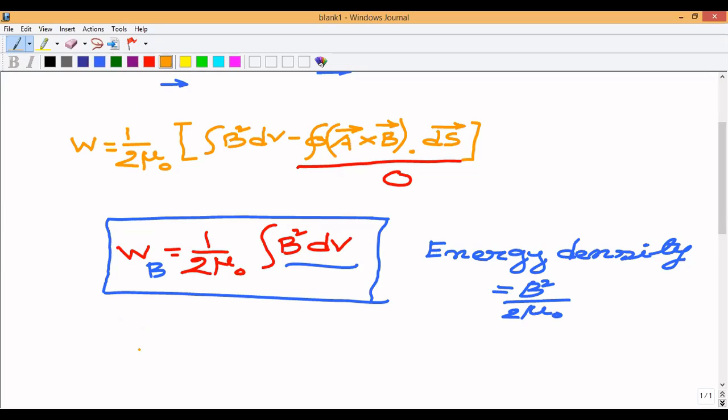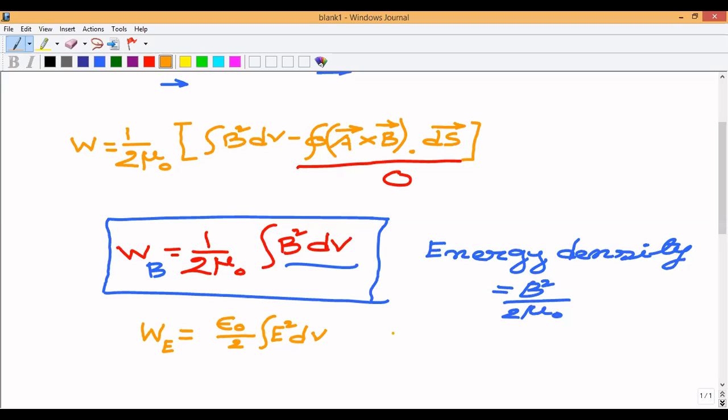Energy stored in electric field WE equal to epsilon naught by 2 integration E square dv. This is energy stored in electric field. Right?